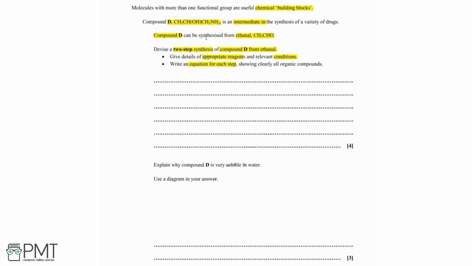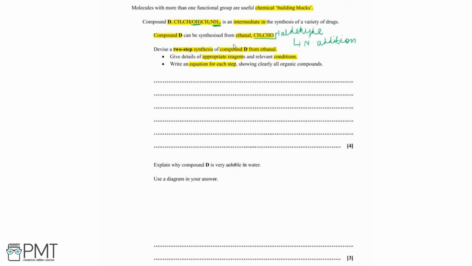So compound D, we can see that it contains an alcohol functional group and an amine functional group here. And we need to start from ethanol, which is an aldehyde overall, and it contains a carbonyl bond at the end of the molecule. So what we know about the reactions of our carbonyls is that they can undergo nucleophilic addition reactions.